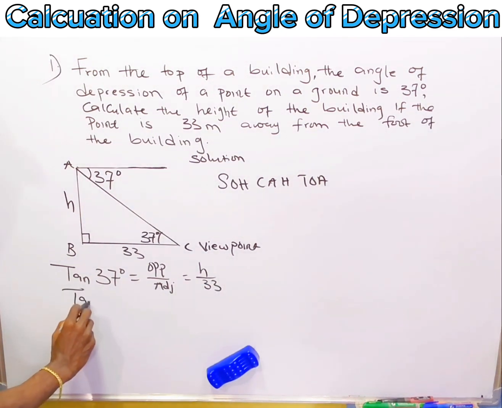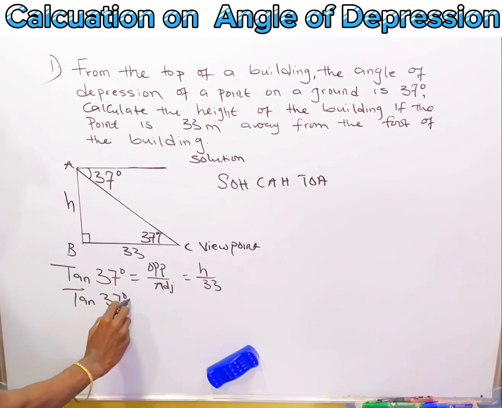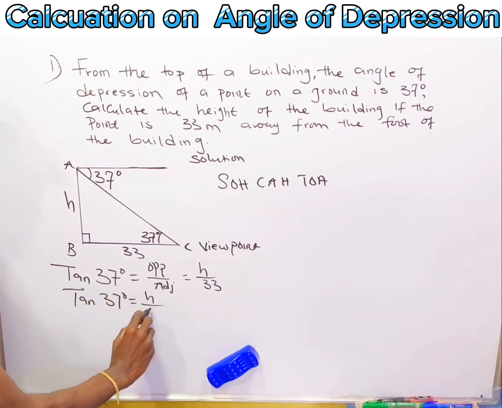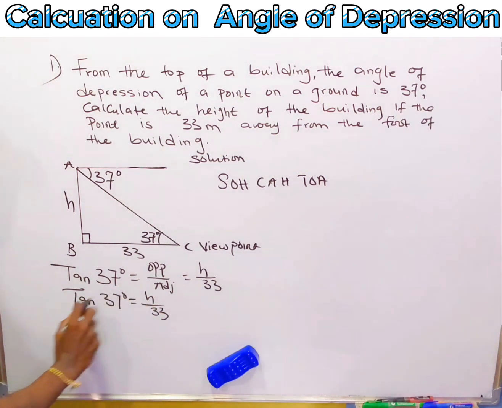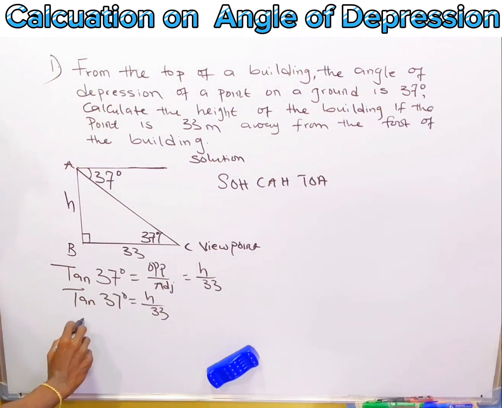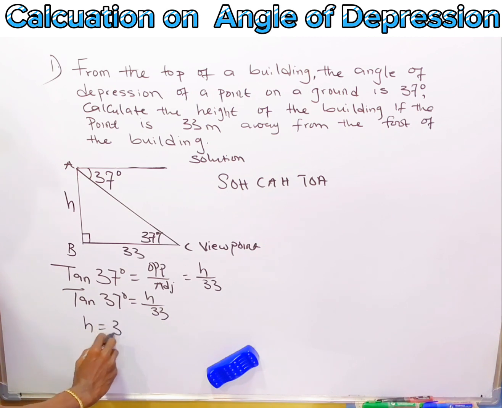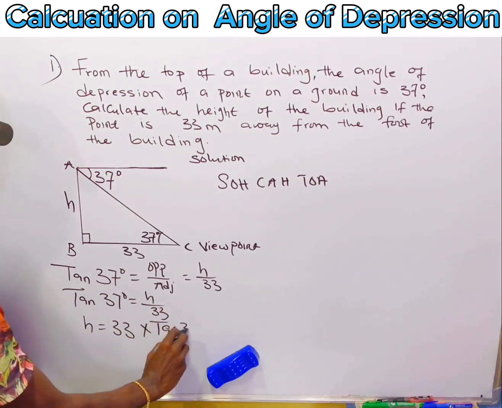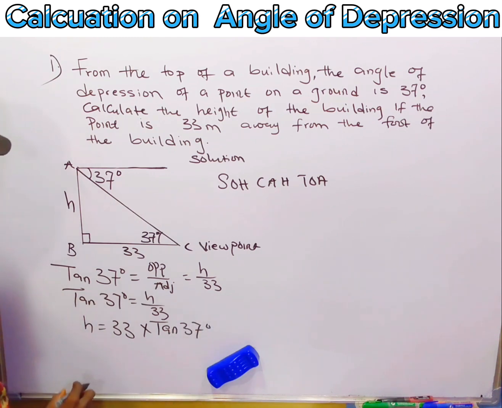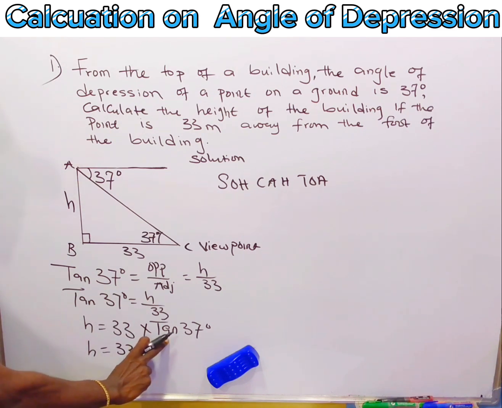Therefore, tan 37 degrees will now give us H over 33. Cross multiplying to make H the subject of the formula, we have H equal to 33 multiplied by tan 37 degrees. Therefore, H is equal to 33 times, what is tan 37 degrees?